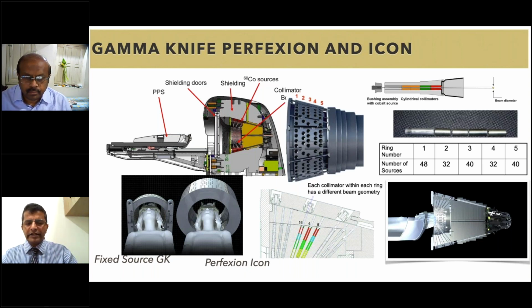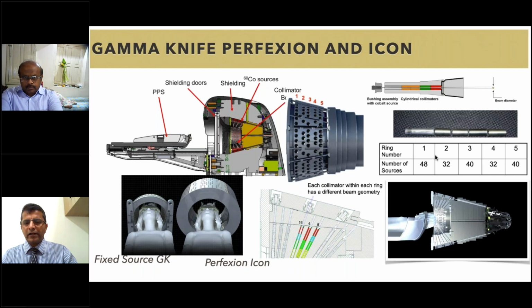The radiation source assembly in Gamma Knife Perfexion differed from the previous gamma knife versions, as displayed in this image. We could see here this gives a lot of space, and here the space is very low. In addition, each ring has 3 combinations, so each time you need to have a different combination for each beam.